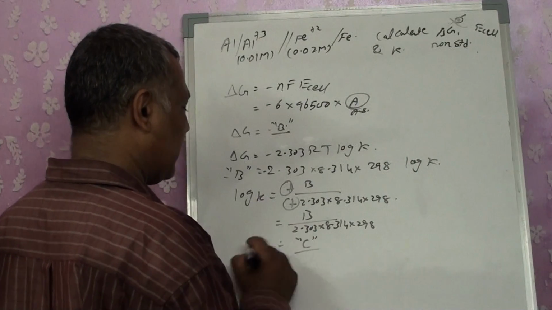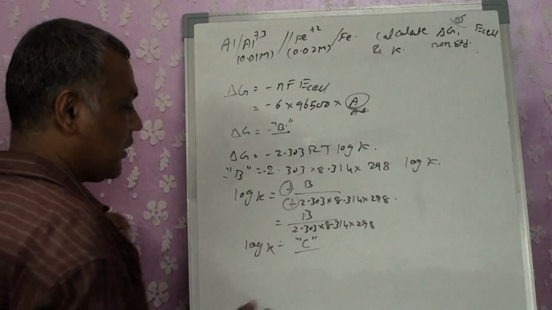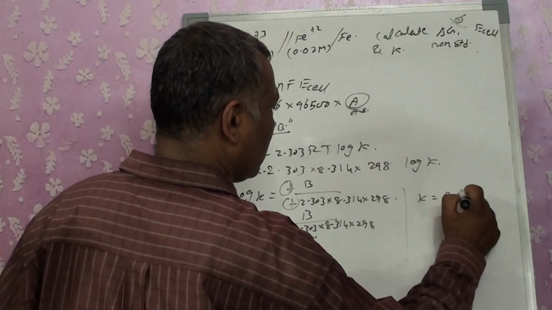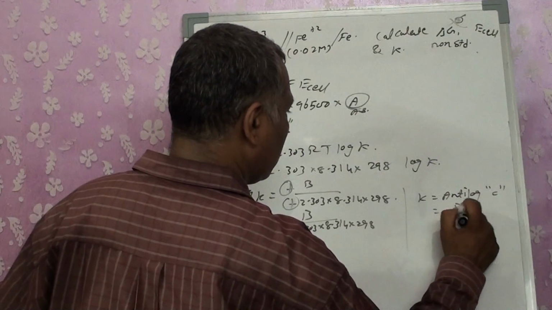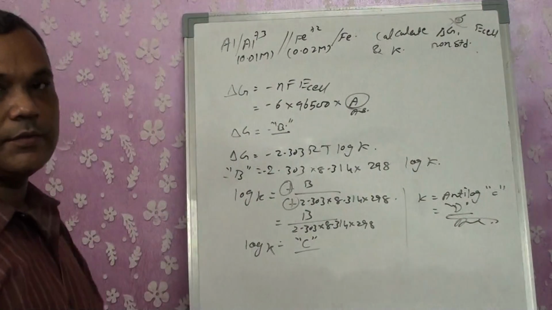Let us consider it as C. This is log K. But still, K is equal to the antilog of your answer C. That is your final answer.